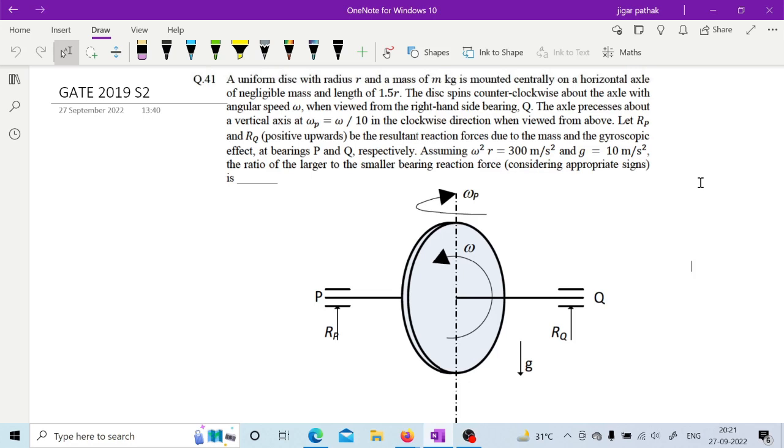Let Rp and Rq be the resultant reaction forces due to the mass and the gyroscopic effect at the bearings P and Q respectively. Now assuming omega square r is equal to 300 meter per second square and g is equal to 10 meter per second square, the ratio of the larger to the smaller bearing reaction force is what you have to calculate. So can you try this? Okay, sir. Trying.